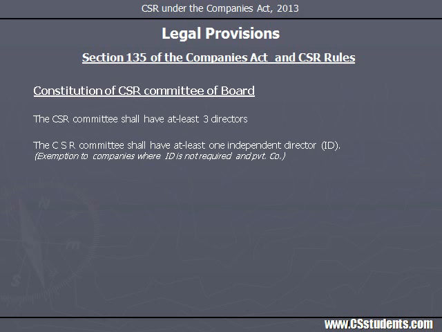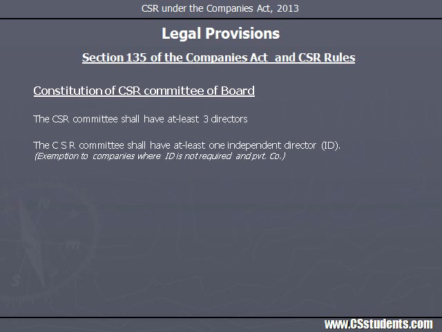Section 149 and rules made thereunder make it mandatory for certain public companies to appoint independent directors. However, CSR rules make it clear that, if a company is not required to appoint an independent director under Section 149, then the CSR committee of that company can be constituted without an independent director.